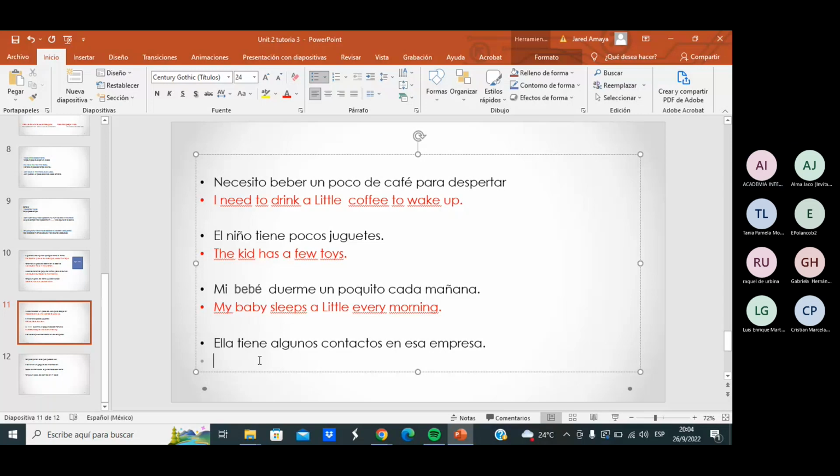En esta podría ser she has a few contacts in that company. ¿Cómo se dice contactos? Contacts. In that, because that es esa; this es como decir esta.